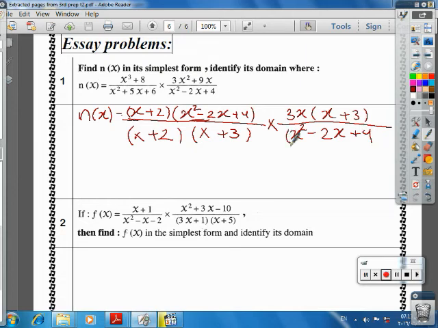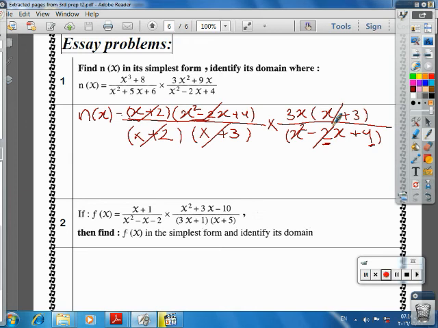We can't find two numbers whose product is 4 and sum is negative 2. Okay, now we can cancel x plus 2 with x plus 2, the bracket x power 2 minus 2x plus 4 with x power 2 minus 2x plus 4, and also x plus 3 with x plus 3. We can do that in multiplying and dividing fractions only.